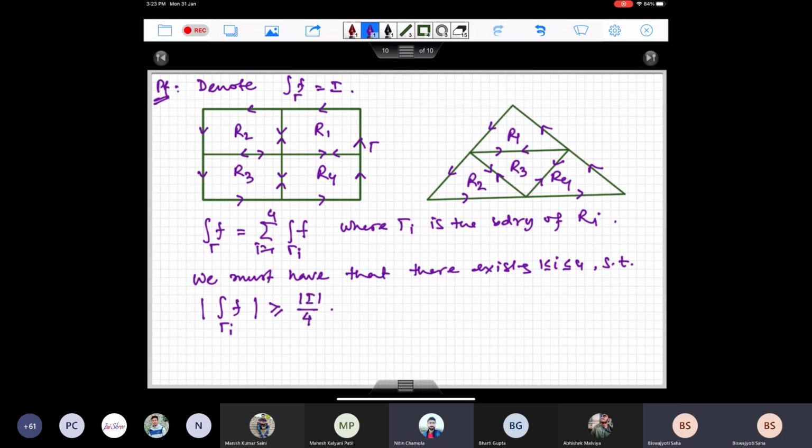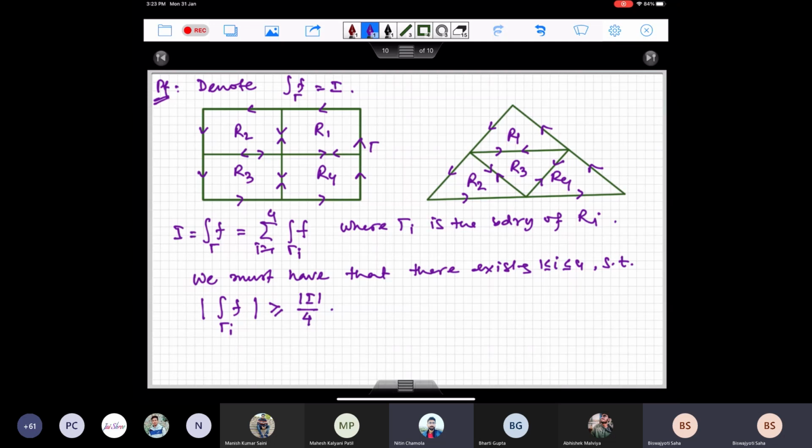So I must have one rectangle where the integral is at least as big as mod of I divided by 4, because I is this integral.